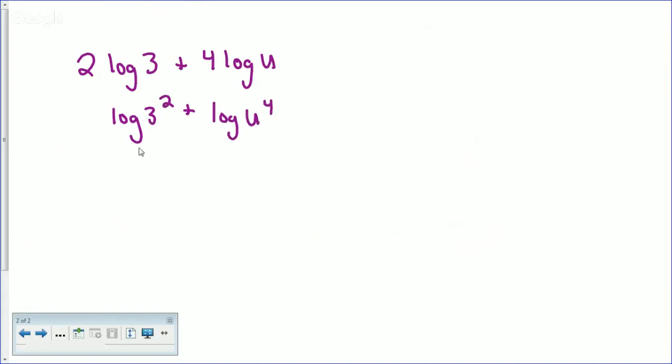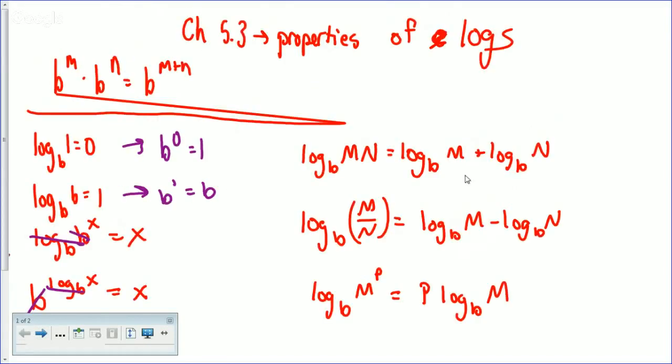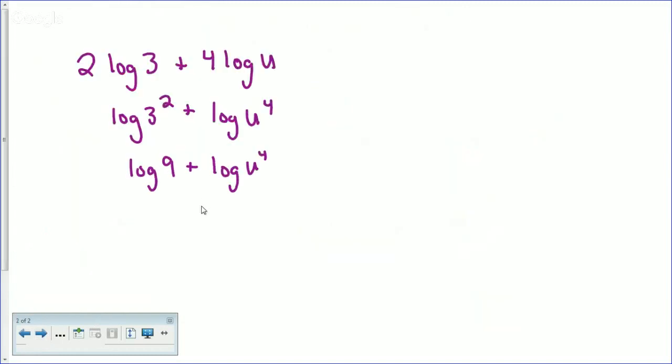Okay, so I can simplify with this. I have log of 9 plus log, and since I can't actually work that out, we'll leave it u to the 4th. And if we look back, what do I do with two added logs? I multiply them together. So here we'll write log of 9u to the 4th.